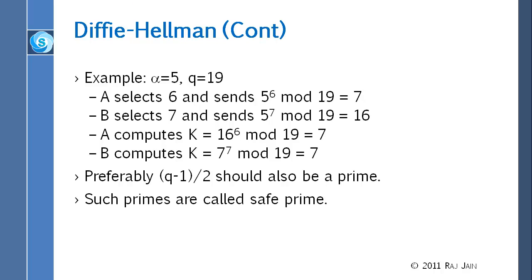B selects 7 and does 5 raised to 7 mod 19, which is 16, and sends it back to A. A computes 16 raised to its number, which is 6, and gets a 7. B computes 7 raised to its number, and it gets a 7. So both of them have this secret number 7, which other people don't have, even though all the communication was in clear text. Nothing was encrypted.